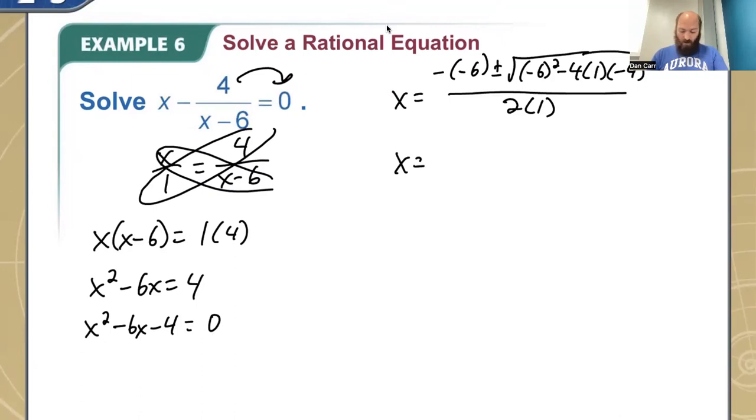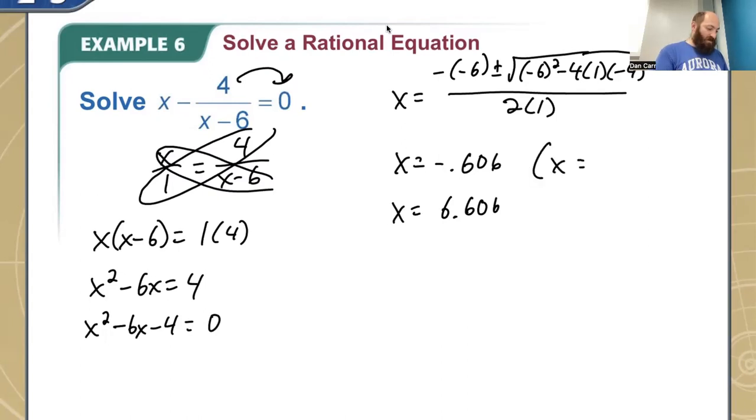And we get x is equal to -0.606 and positive 6.606.